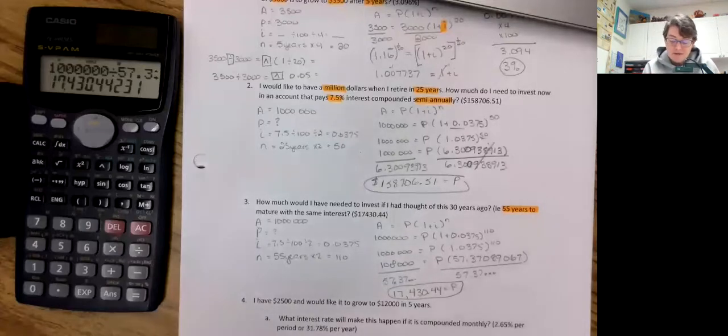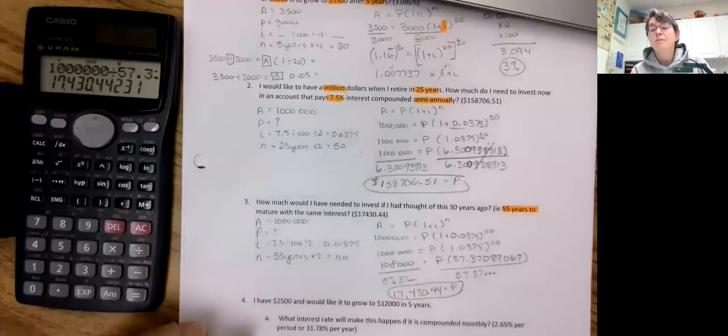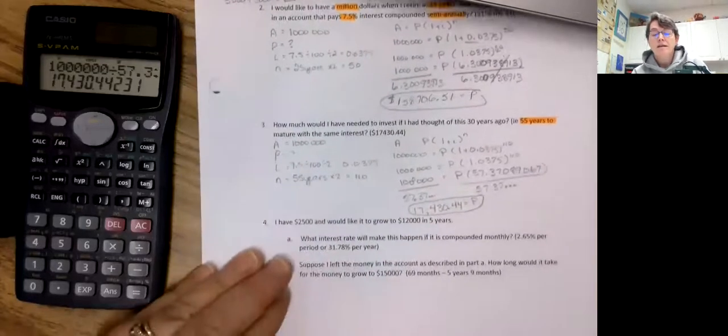Okay, so there we go. The point of this is, the sooner that you can put money away and leave it, the better, to have some pension or some kind of savings when you get older. All right.